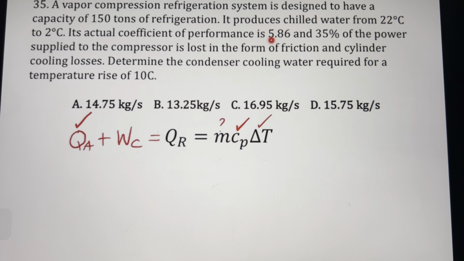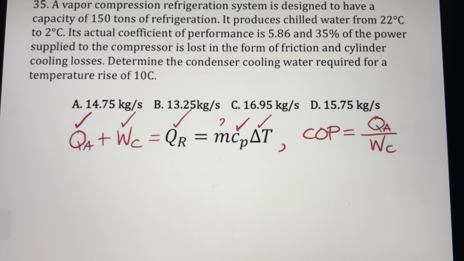What we don't have here is the compressor work, but we have a given actual COP. And take note, COP is equal to QA over work of the compressor. So manipulating that equation, our work of the compressor is equivalent to QA over COP, which are both provided in our problem. QA plus work of the compressor, we can solve our QR.